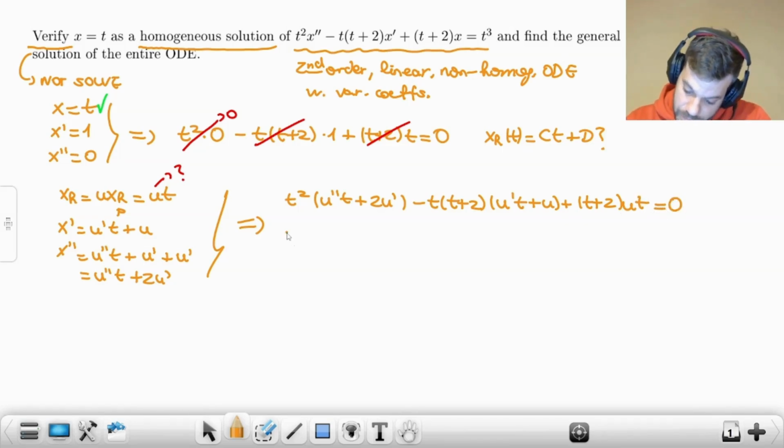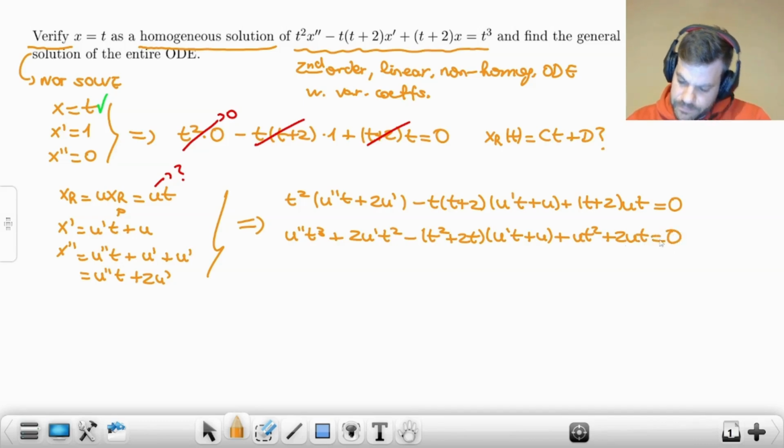Multiply everywhere, u double prime times t cubed plus 2u prime t squared minus, I'm going to multiply first here this term, so it's t squared plus 2t, keep the minus in front, times u prime t plus u, and then plus ut squared plus 2ut equals 0.